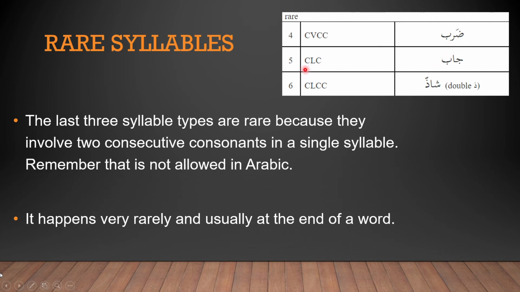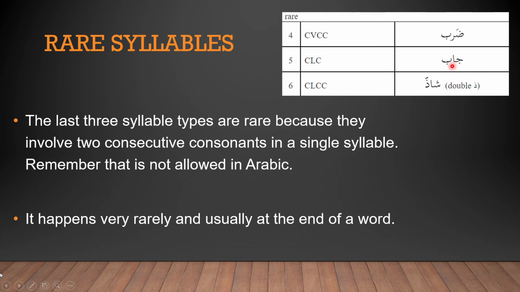Now then there is syllable type 5, which is a consonant, a long vowel, and then another consonant. So it's Jim, which is a consonant, and then Alif. Ja. We know this means Ja. Till here it's syllable type through. But then there is Ba, and it's blank.